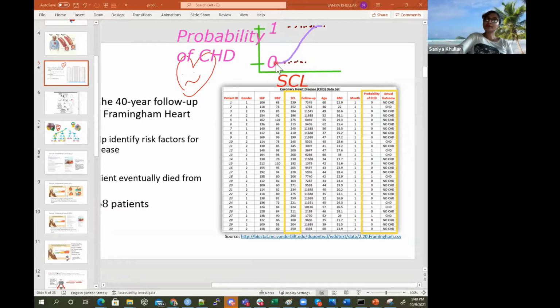Or we want numbers between 0 and 1, because with probability the numbers can be between 0 and 1, right? We want to be able to get all these values in between as well, and see how changing your serum cholesterol level helps change your risk of coronary heart disease. Do you see that?